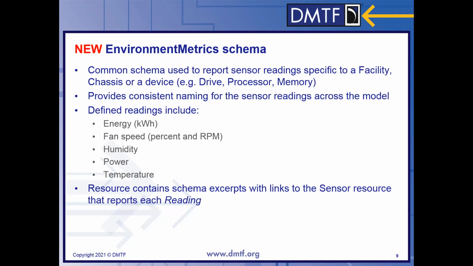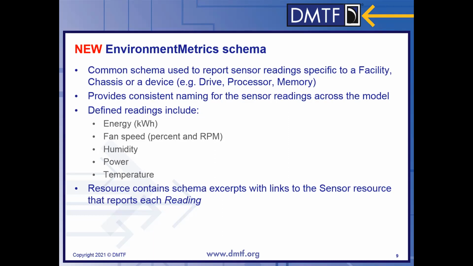So lastly, in the new batch of schemas is one called environment metrics. This is a common schema that we expect to sprinkle around the model wherever a device or a subsystem has things like a temperature sensor or a power reading.